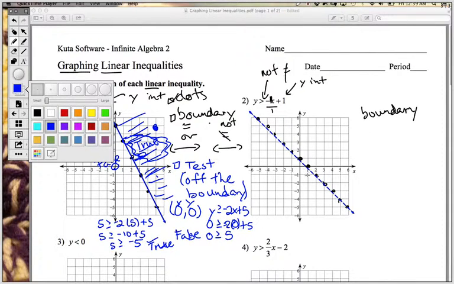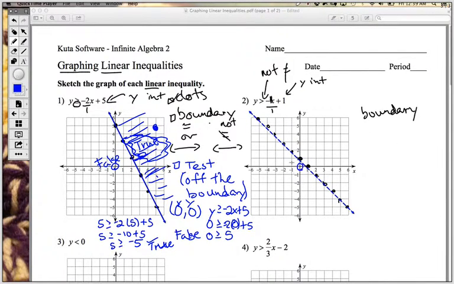So for the shading, let's test a point. I'm going to test 0, 0 again, right there in the middle. So I have this inequality, y is greater than negative 1 over 1 times x plus 1. And I'm going to plug in the point 0, 0. X is 0, y is 0. So that means 0 is greater than negative 1 times 0 plus 1.